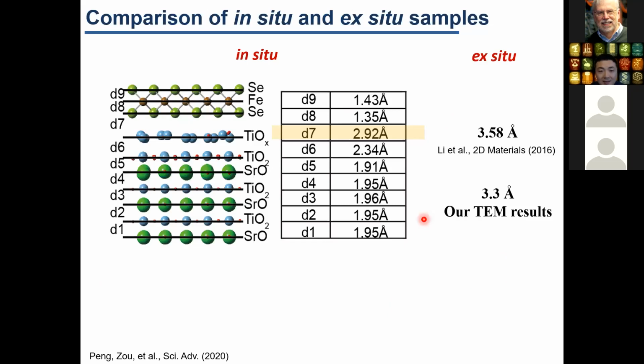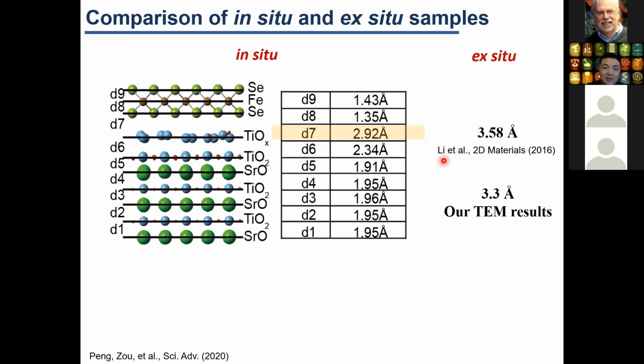So here is a summary of our results. You can see this distance D7 from in situ samples is 2.9 angstrom, compared to ex situ samples, where they usually do TEM, and this number is 3.6 or 3.3 in our TEMs. Since this is the first measurement where we can measure the distance in situ, we think this distance is indeed much lower, 20% lower compared to ex situ samples.